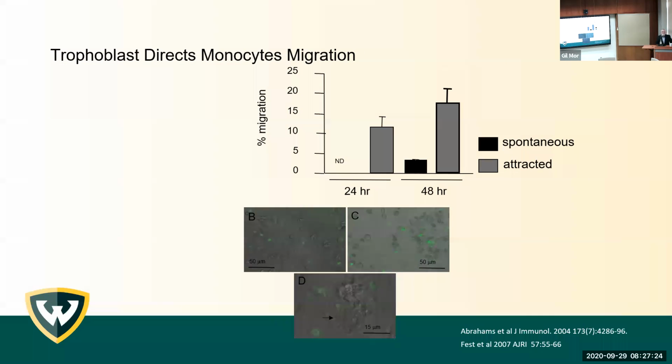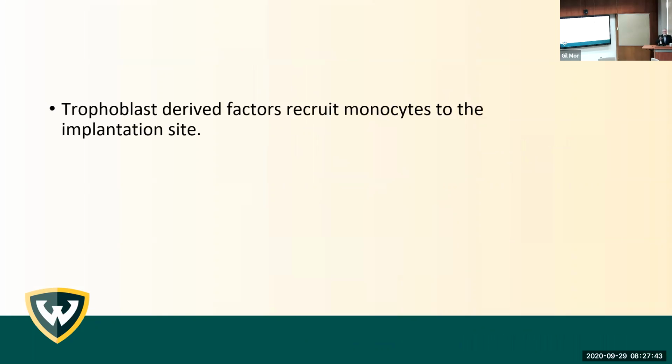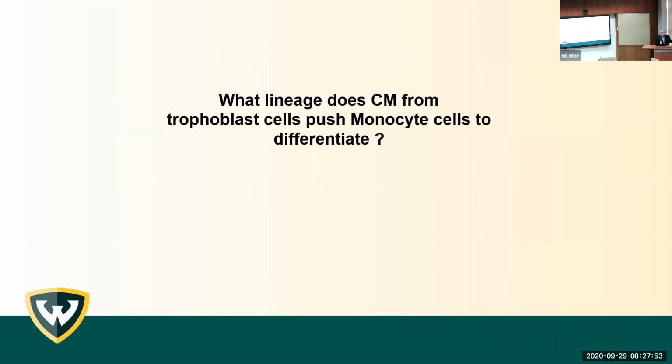We quantify this migration, and we show that when there is trophoblast in the bottom, there is a significant increase in monocyte migration in both 24 hours and 48 hours. So clearly, there are factors produced by the trophoblast that are recruiting those peripheral monocytes into their environment, and then they will go through the process of differentiation.